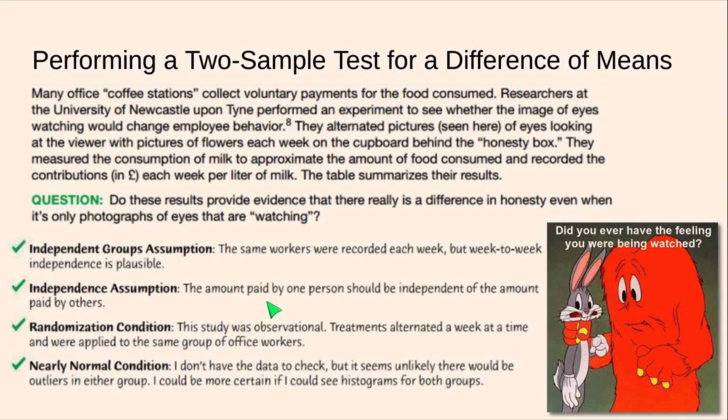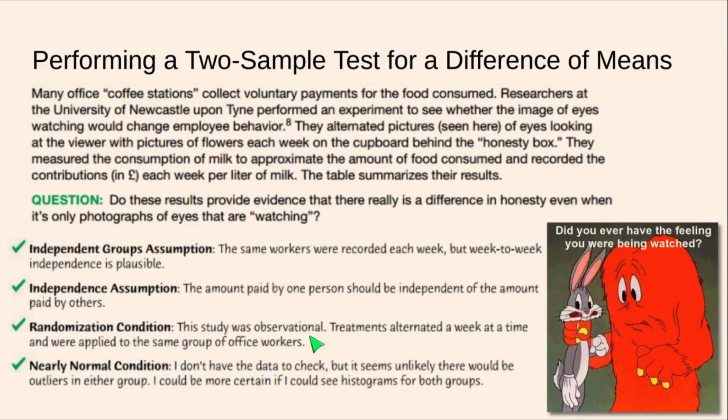The amount paid by one person should be independent of the amount paid by others. Again, we're kind of making big assumptions here. We can check for randomization. The study was observational. Treatments alternated a week at a time and were applied to the same group of office workers. So I guess there is some extent of randomization. Again, we're taking our results with a grain of salt.